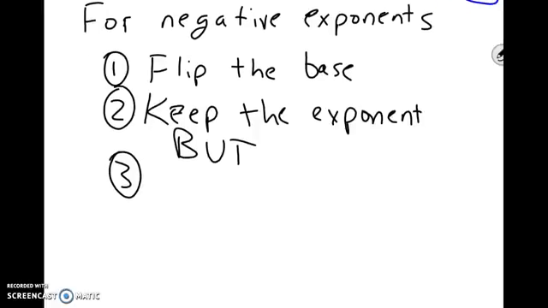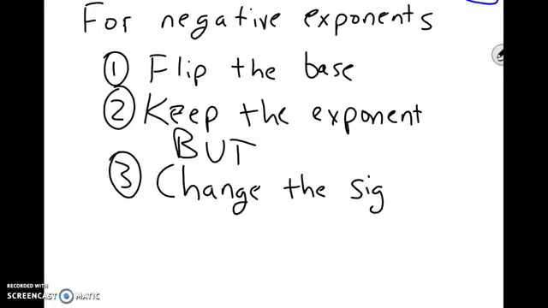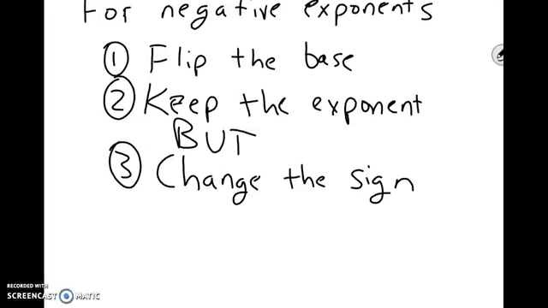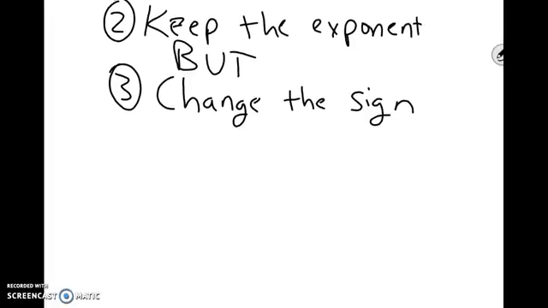When we go from negative to positive, we call that change the sign. So we have flip the base, keep the exponent, but change the sign. Flip, keep, but change. Right?